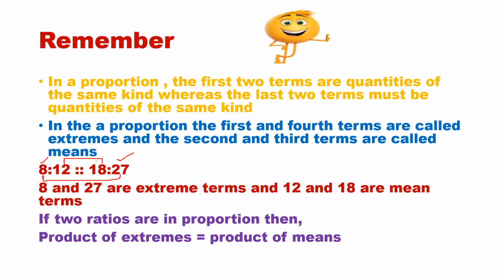So please check it. What is 8 into 27 and what is 12 into 18? You will get the same answer. So this is also a method to check whether the given ratios are in proportion or not. What you have to do is just multiply the extreme terms 8 into 27 and the mean terms 12 into 18 and check whether the answers are equal or not. If they are equal, we will say the ratios are in proportion.